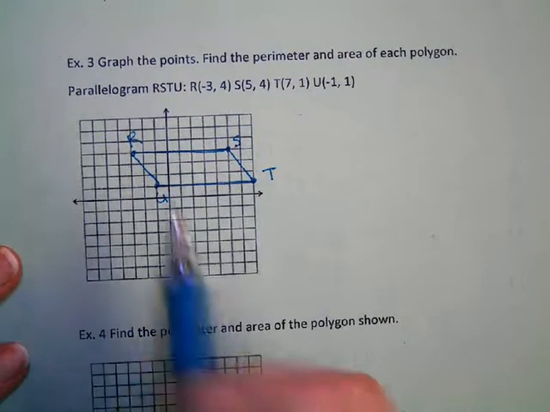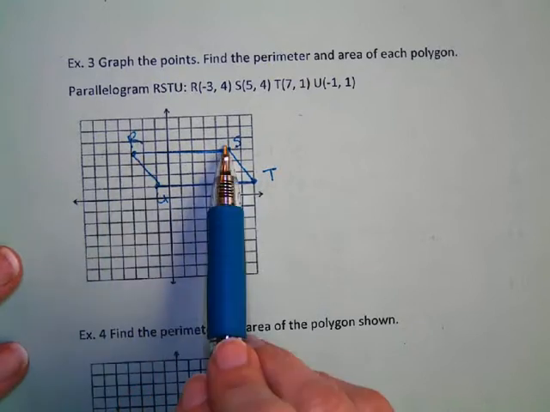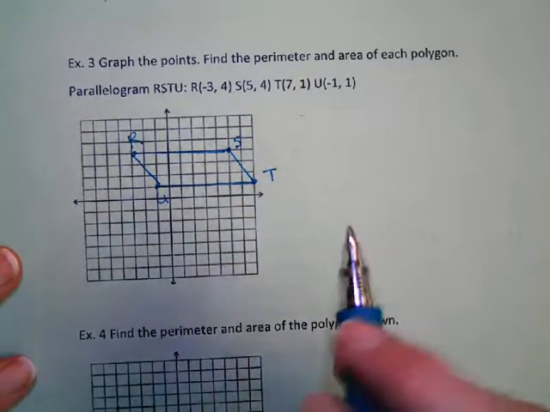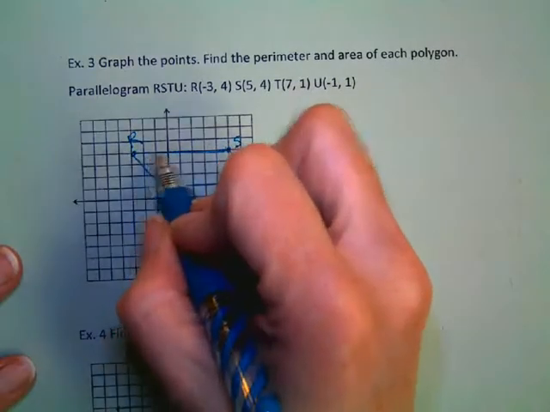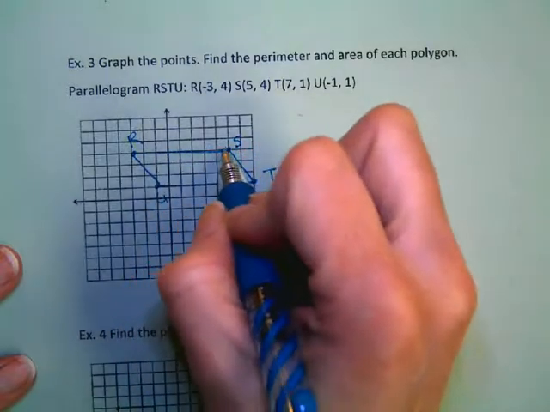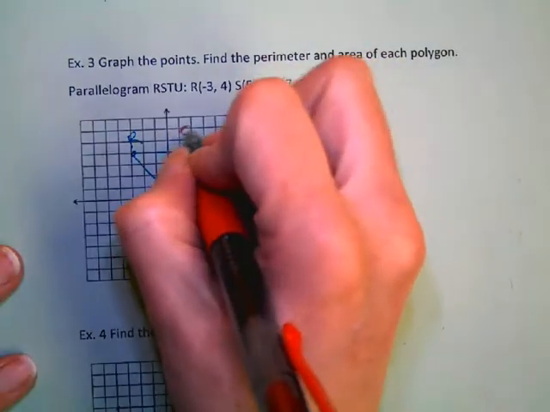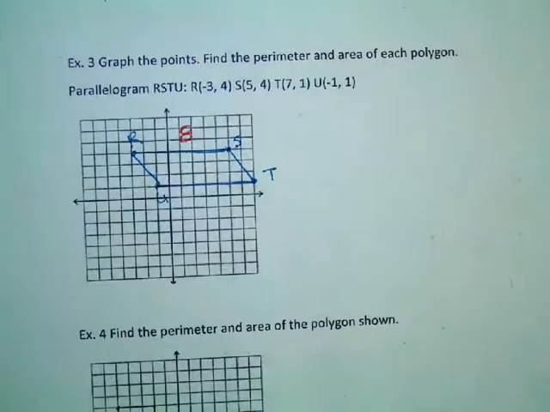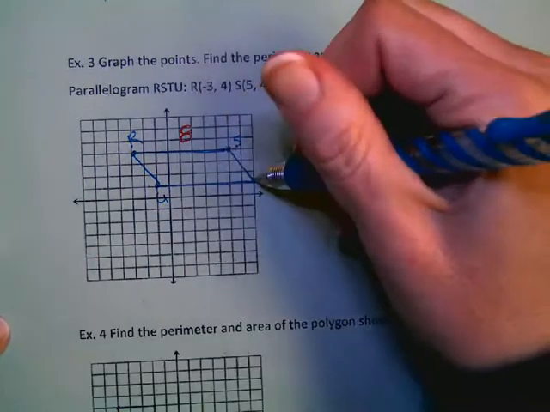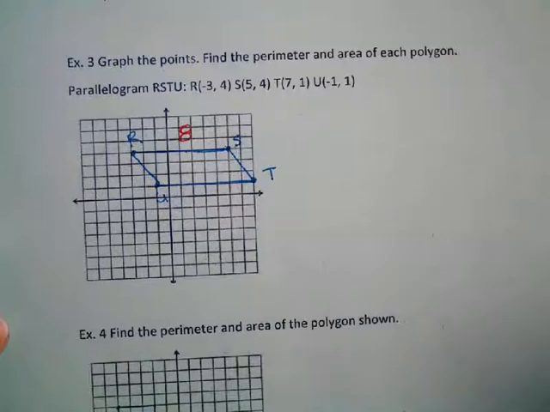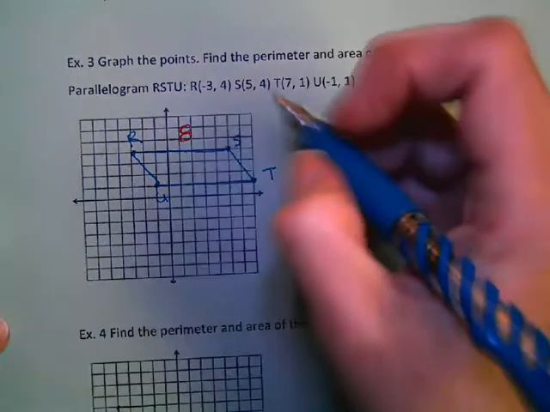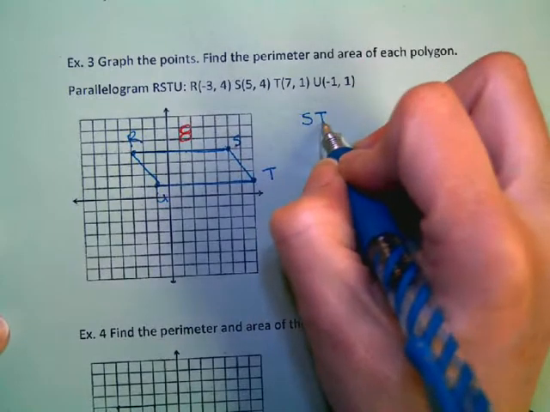So here's our parallelogram. Perimeter, we can just count the boxes from R to S, or U to T, to figure out how long that side is. So I found this length is 8. To figure out the diagonal lengths, we need to use, like I said, Pythagorean theorem or distance formula.